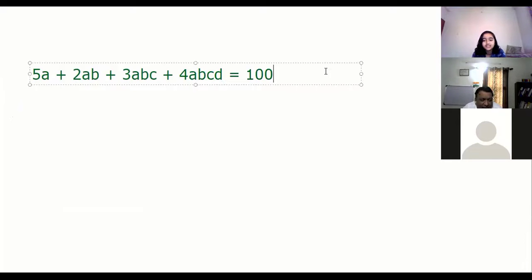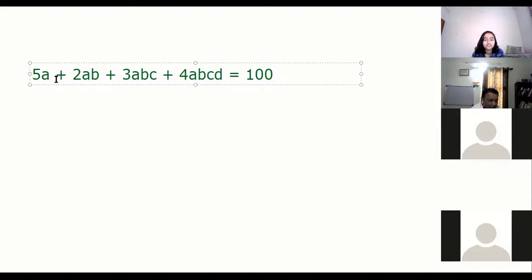Biquadratic, says Slesha. Why? Because 4abcd is one term, so here 1 plus 1 plus 1 plus 1 is 4. Yes, it's 4 only. What do you say, Yashwant? 4, because the power of this term is 4, so the degree is 4, biquadratic.